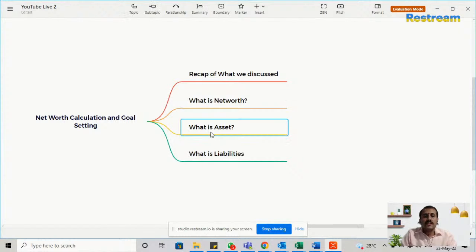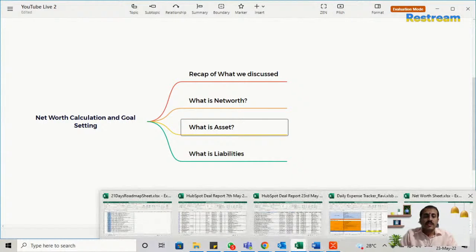So what are assets? Assets are something which gives you money, or which earns some money for you. And liabilities are something which we owe to someone or something, right?